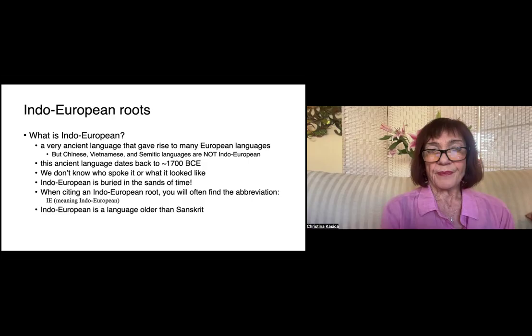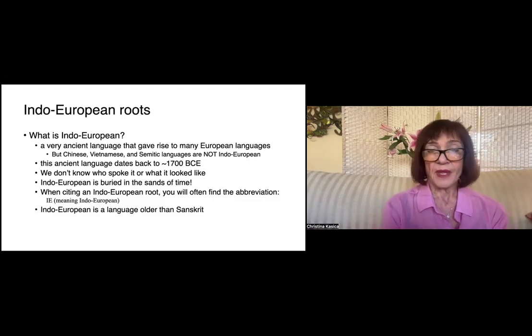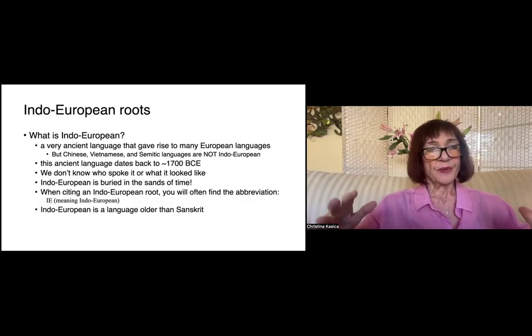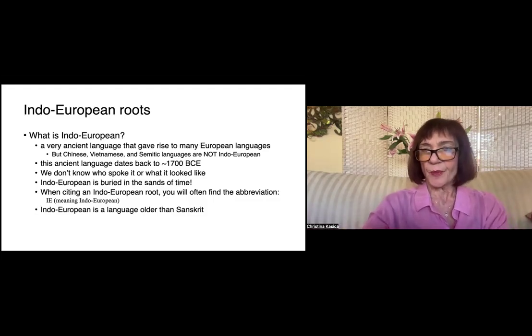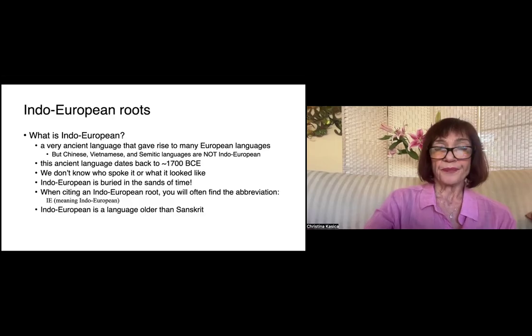As a language, Indo-European is older than Sanskrit, and it is the mother of Sanskrit. There's a lot of scholarly material on Indo-European, Proto-Indo-European, and other kinds of Indo-European. But for our purposes, let's just be aware of the history of it and why it's important. Next slide.